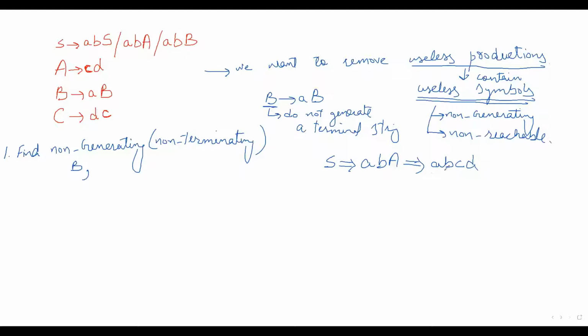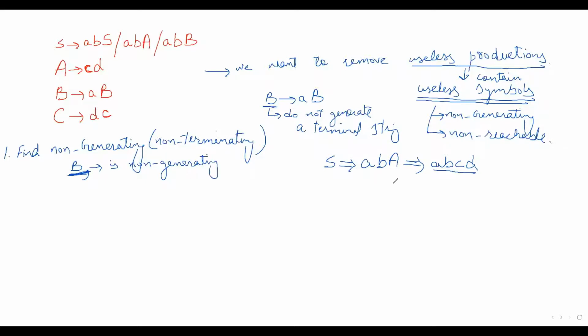So S is generating a terminal string, which means S is also a generating symbol. So the only symbol that is non-generating is B.